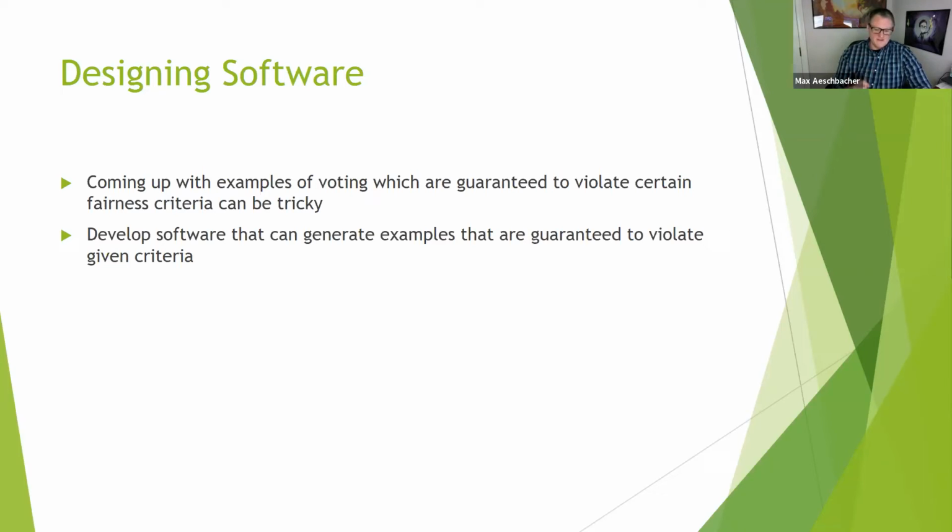So these are the arguments that we made to help us get this grant to develop this curriculum. And when we first sat down and started talking about it, we thought, what we really want to do is develop some tools that are going to make it easy for teachers to incorporate this into their classrooms. And so this is one of the places we're going with this, because voting theory examples are really tough to generate.